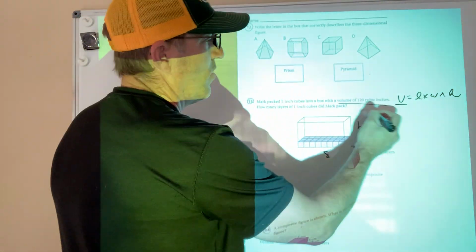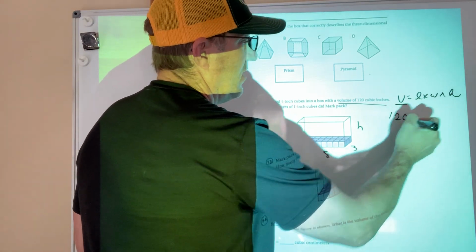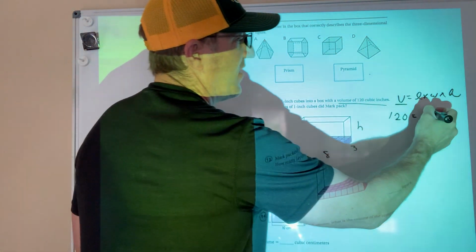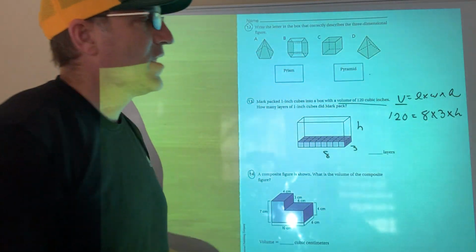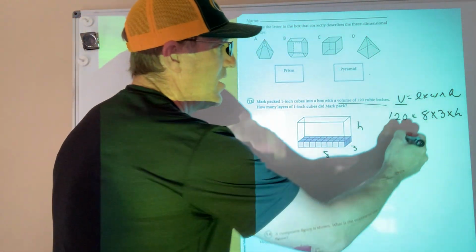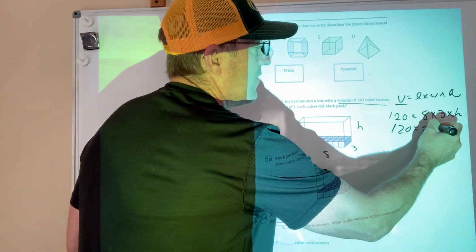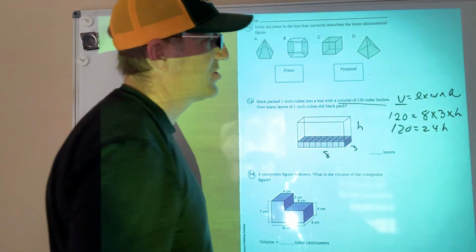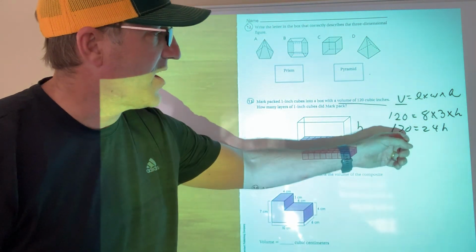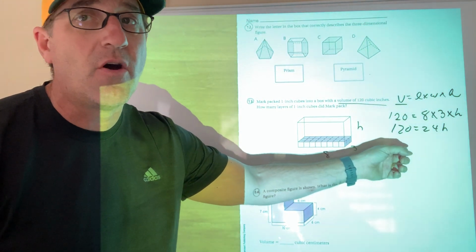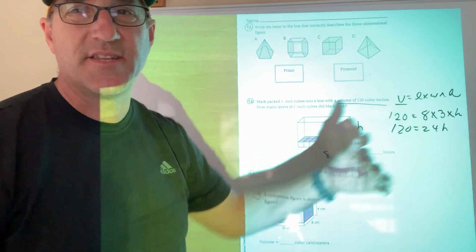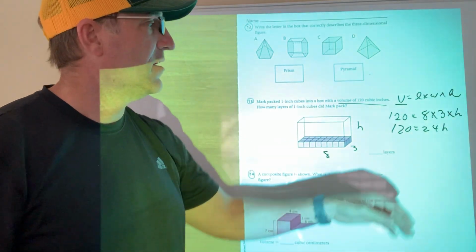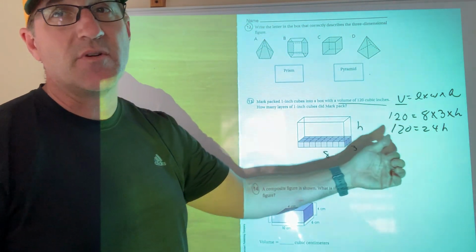So my volume is 120 equals 8 times 3 times H. Okay, and so 8 times 3 is 24, so 120 equals 24H, or 24 times H. What do I do when they give me a volume? I have to always divide. So I'm going to take 120 and divide it by 24 to get the height. Okay, because 24 times something is going to give me 120.